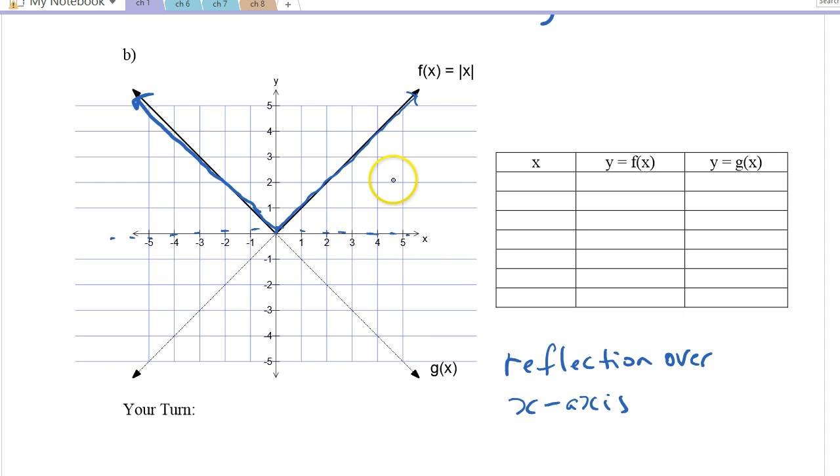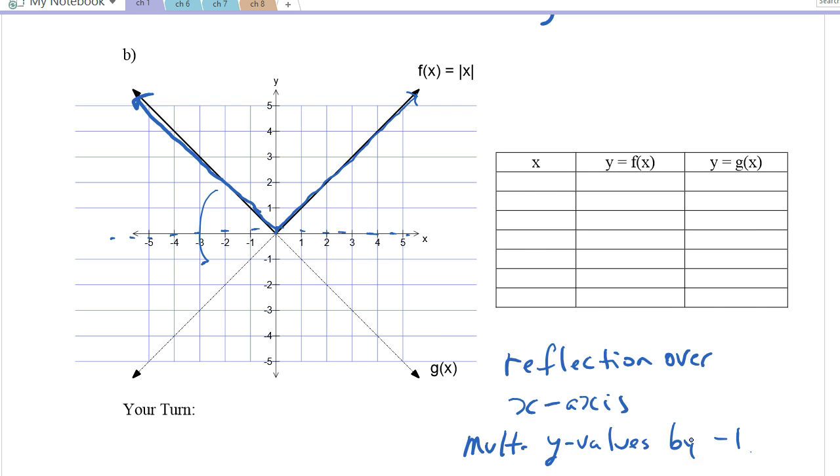If you can imagine taking the paper and actually just sort of folding it over, this is where the image would get. And so when we reflect over the x-axis, what that really means is that we are multiplying the y values by negative 1. And it might seem kind of contrary to think if you're reflecting over the x-axis that you're multiplying the y values by negative 1.